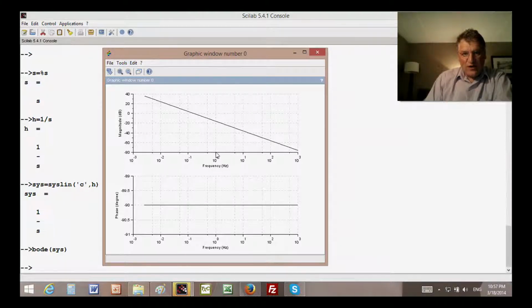So what does that mean? Well, when I multiply a frequency, say 1 hertz, by 10, I get 10 hertz. When I multiply it again by 10, I get 100 hertz. So this spacing between two successive frequencies, or two orders of magnitude of frequencies, still corresponds to a decade.